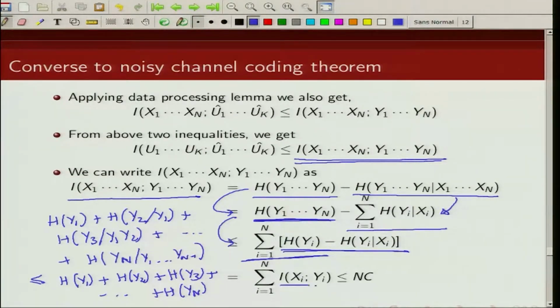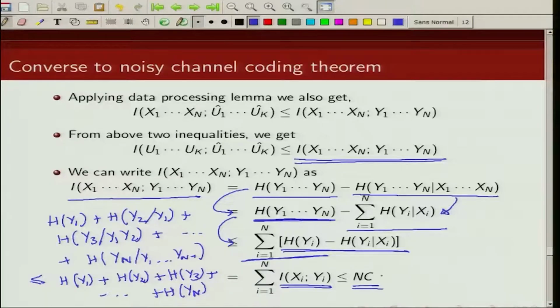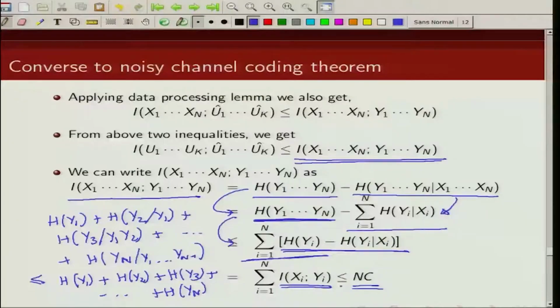So, then I can write this as mutual information between xi and yi, and each such mutual information is less than channel capacity. So, I can write then that mutual information between x1, x2, x3, xn and y1, y2, y3, yn is less than or equal to n times C.